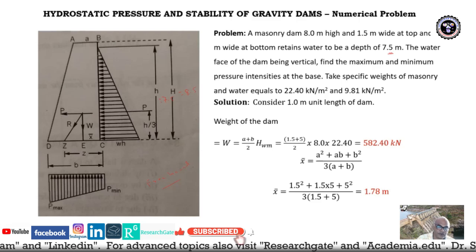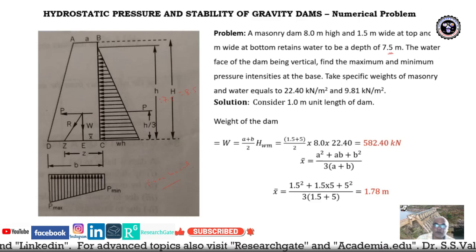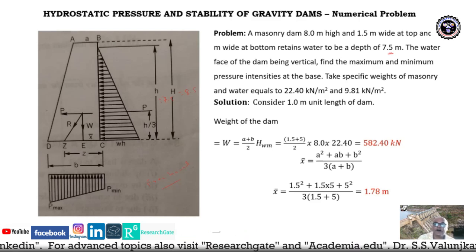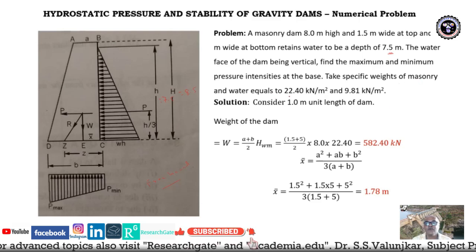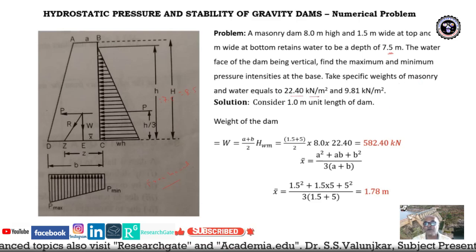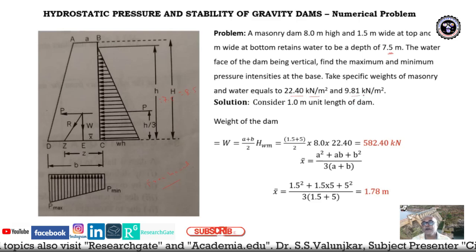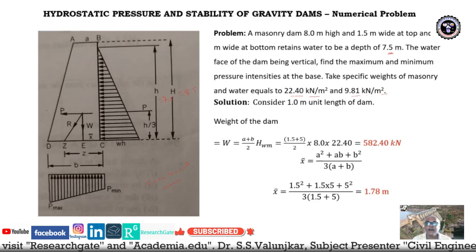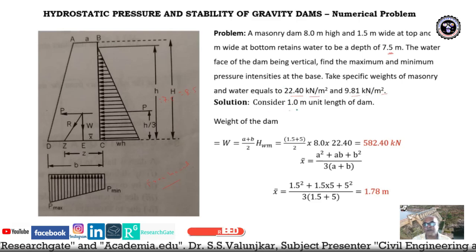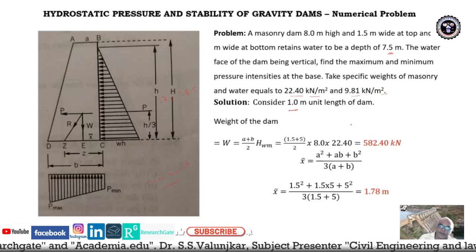So that is freeboard. Okay, first of all, taking the specific weight of the masonry and water equal to 22.40 kilonewton per meter cube and 9.81 kilonewton per meter cube for masonry and water respectively. Now consider 1 meter unit length of the dam.